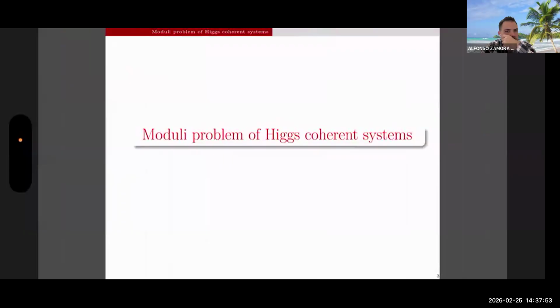So let me start with the moduli problem. I will follow the approach of Professor Newstead's book by introducing the main objects that characterize a moduli problem, which are the elements, the equivalence relation, and the notion of families.